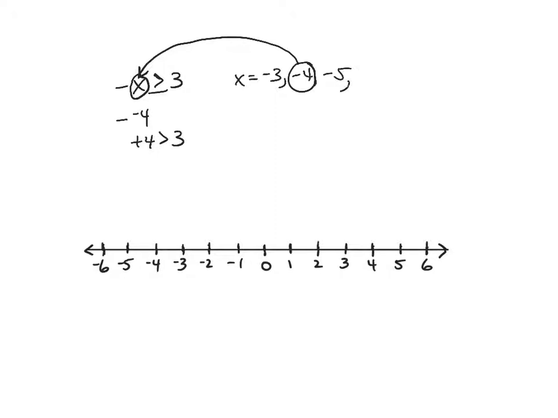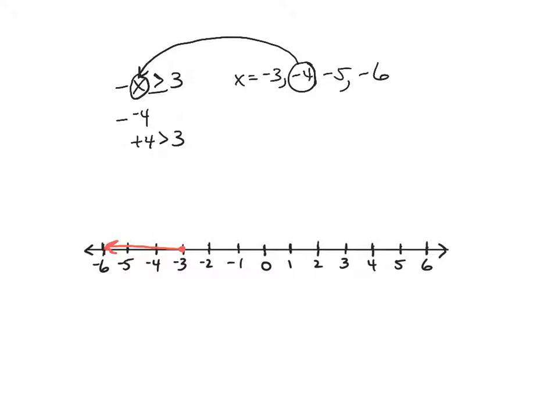So these values that I'm starting to list up here are going to be the correct values. X could be -3, -4, -5, -6, and I'm going to show that here on my number line. These would be the possible values for that inequality, the opposite of x is greater than or equal to 3.